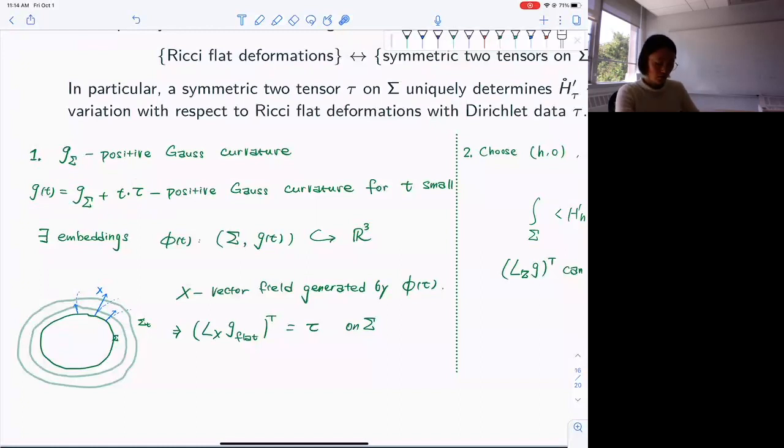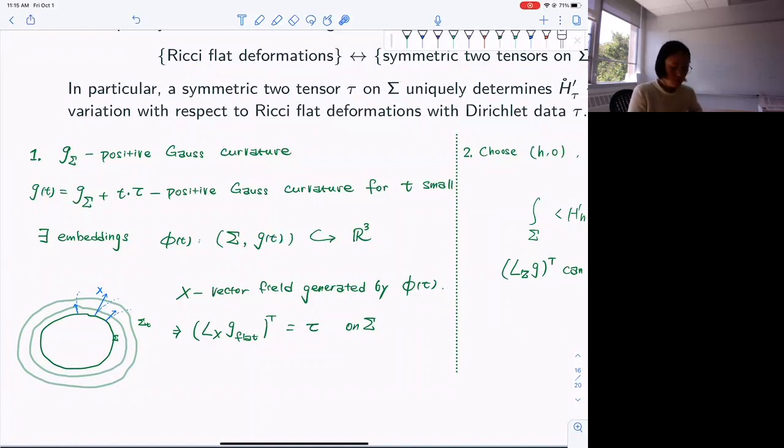Then by the embedding theorem, we can find a family of embeddings phi_t which map sigma into R^3, mapping g_t to the induced metric in R^3. Here is the picture: sigma is the starting surface, and sigma_t is the image of sigma under phi_t. The vector field X is the flow generated by this family of diffeomorphisms.